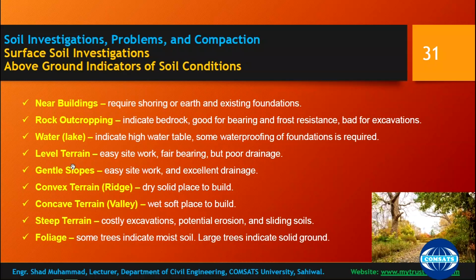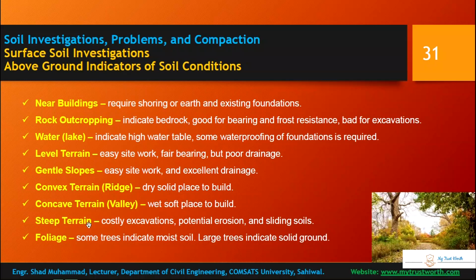Level terrain means easy site work and fair bearing but poor drainage, so drainage needs sloping, and you have to artificially provide the slope. A gentle slope means easy site work and excellent drainage. Convex terrain, a ridge, is a dry, solid place to build, and concave terrain, a valley, is a wet, soft place to build.